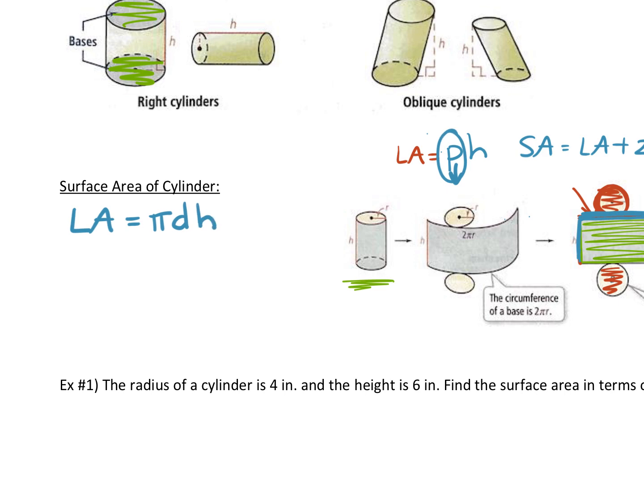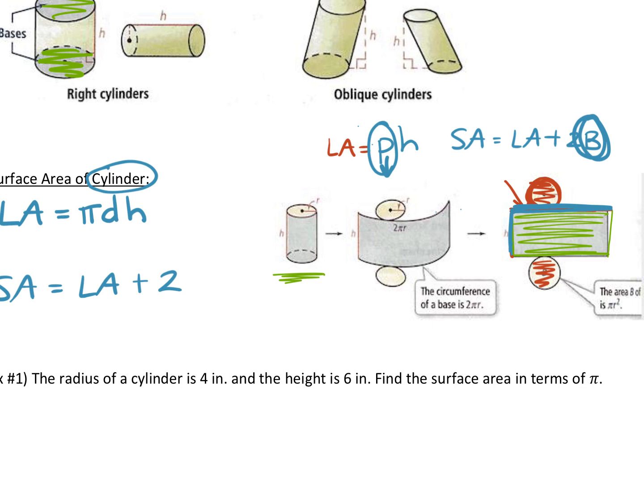Okay, so when it is a cylinder, it is P H, but we're going to think of it as pi d h. When it's surface area, we're going to take the lateral area plus 2, and instead of calling it B, we're going to replace that with the B for a circle. B is area of the base. What is the area of a circle?